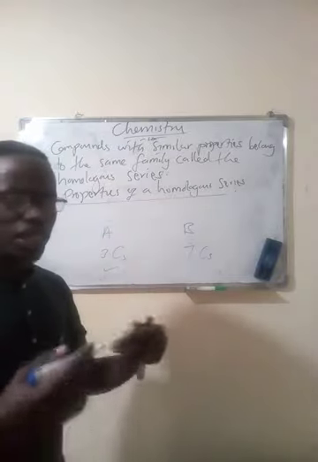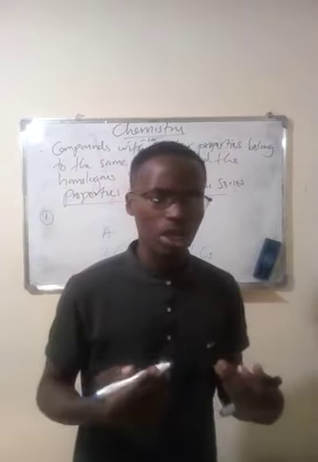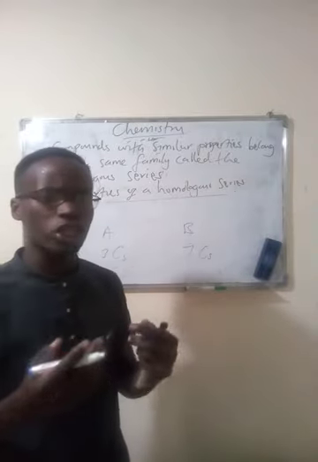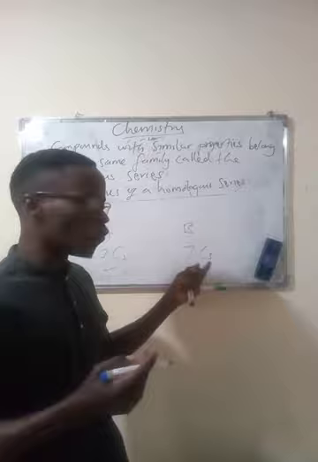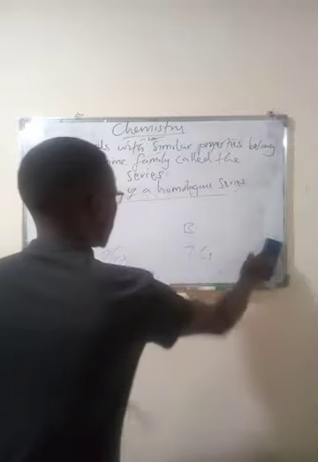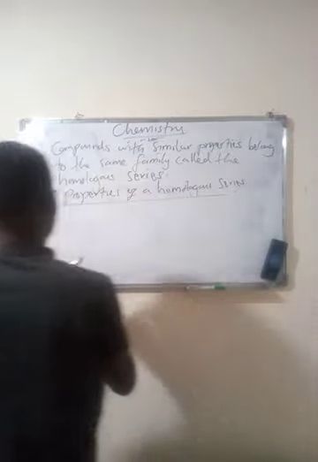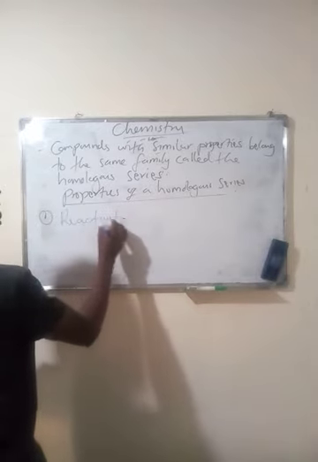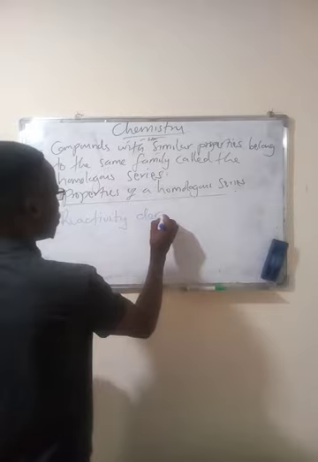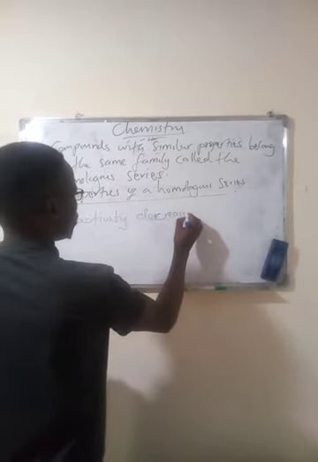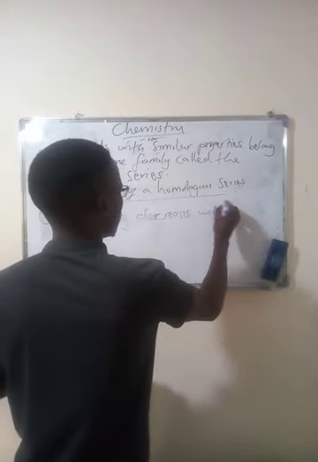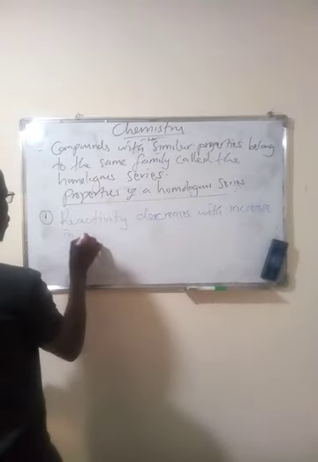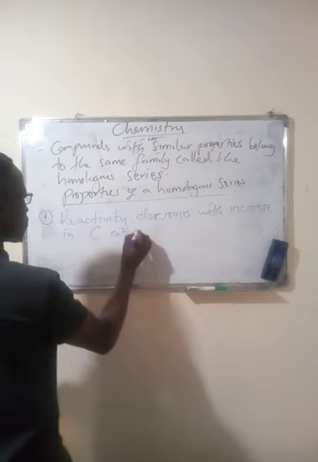Otherwise, the reactions are going to be similar, except that the one for compound B is going to be very slow due to that number of what? Carbon atoms. Okay, so we're saying that reactivity decreases with increase in carbon atoms.